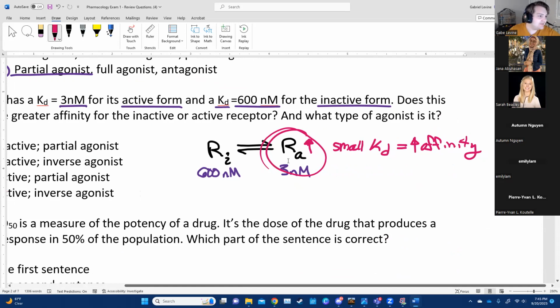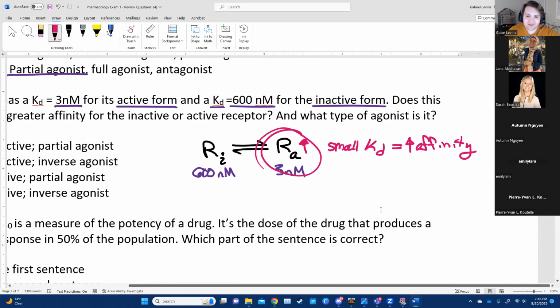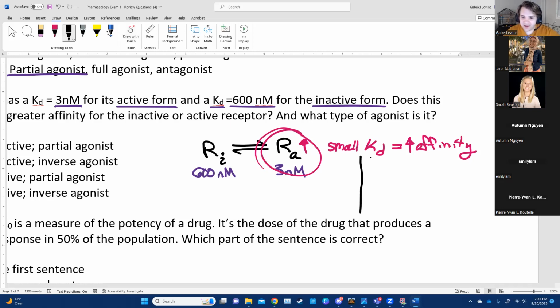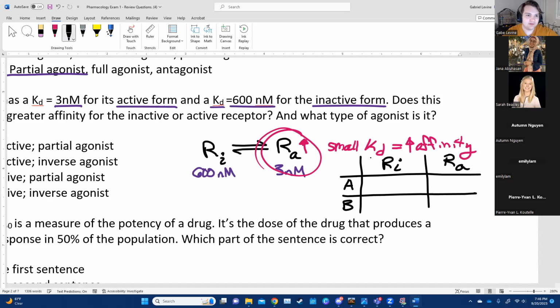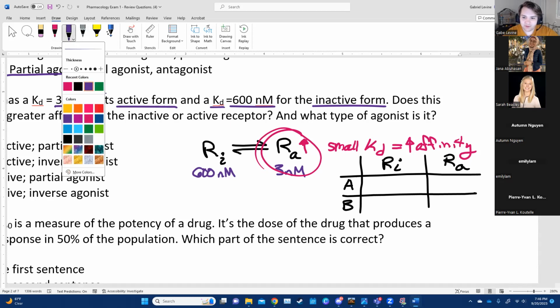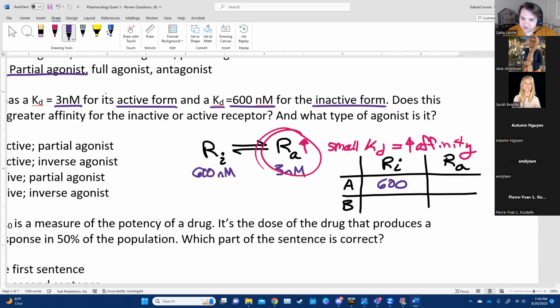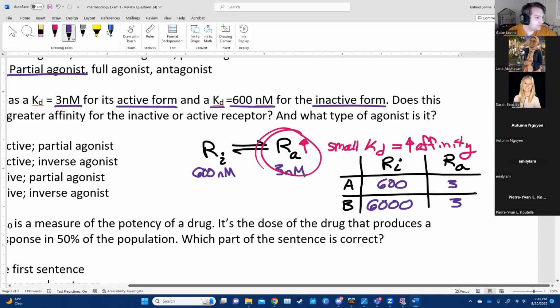Yes, you're right. If it's 100 times more, it would be. The difference is, for example, let's say that we had two drugs, A and B, and we have RI, RA, and here we have the same 600 versus 3, and here we have 6,000 times 3 versus 3.